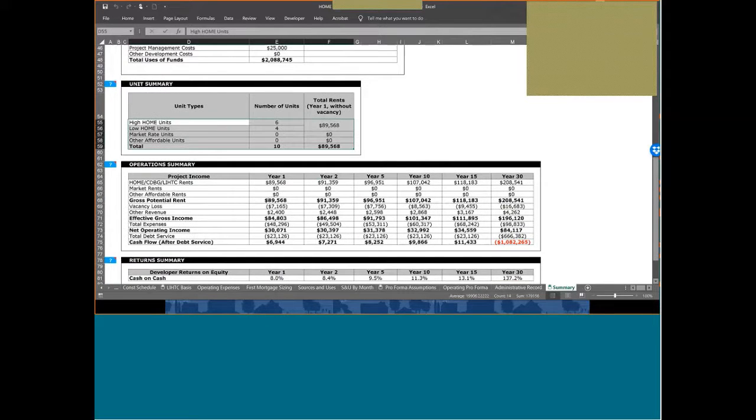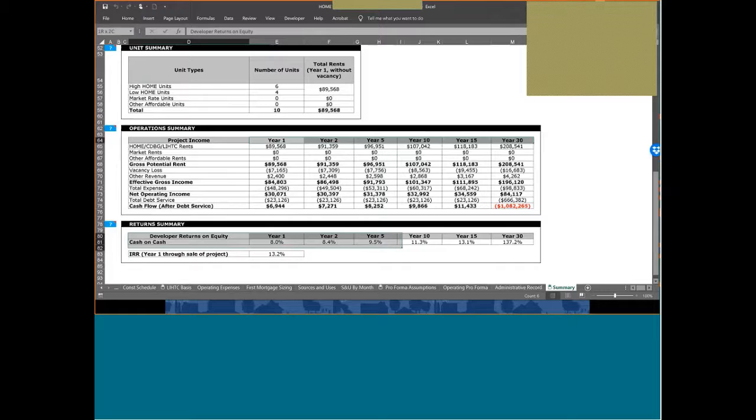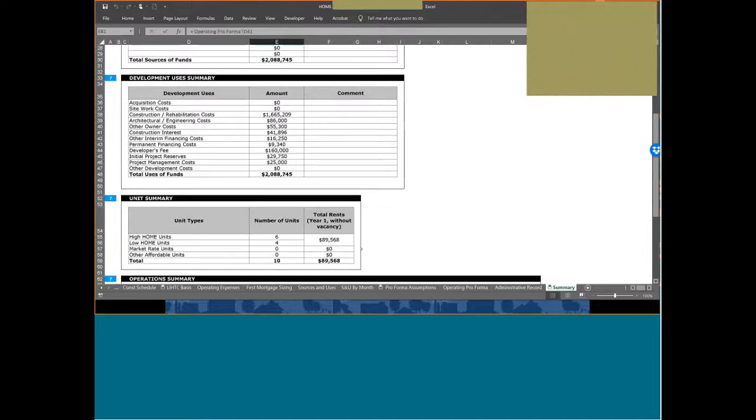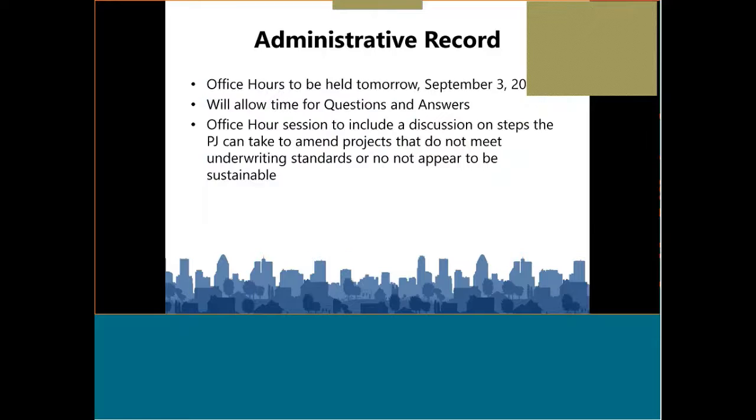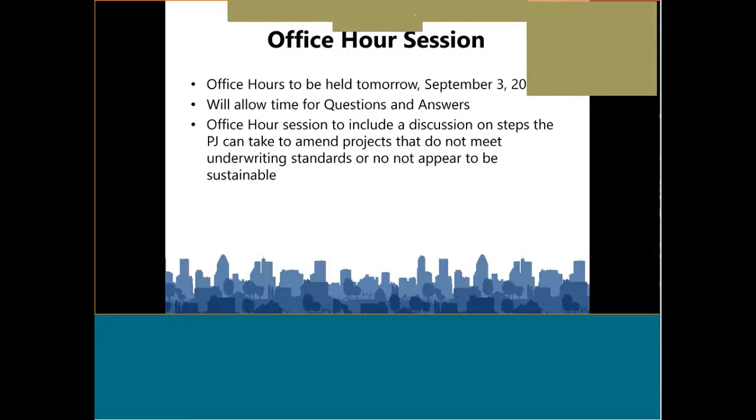There's a nice, very condensed pro forma that shows years 1, 2, 5, 10, 15, and 30. And it also summarizes the owner's returns. In this case, the owner's share of cash flow as a percentage of their deferred developer fee. So I'll go back to the slides, and I will hand the presentation back to my partner here.